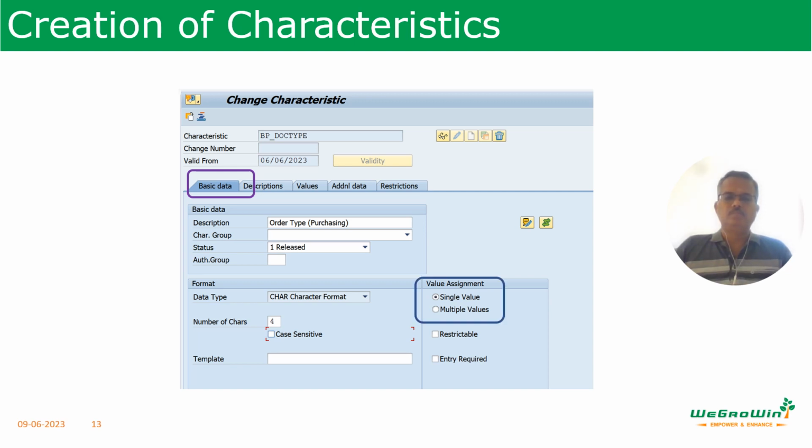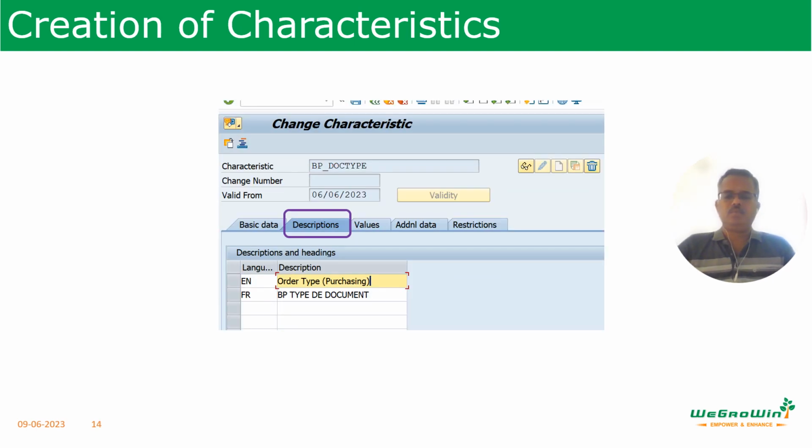If we want to configure the release strategy for a single document type, we can select the single value radio button, or if you want to use it for multiple values, you have to select the multiple values radio button. Accordingly, we need to select and proceed. And here we need to provide the description of this document. For example, there are different countries and different languages. If they want to see the description, we can use those languages and put it here.